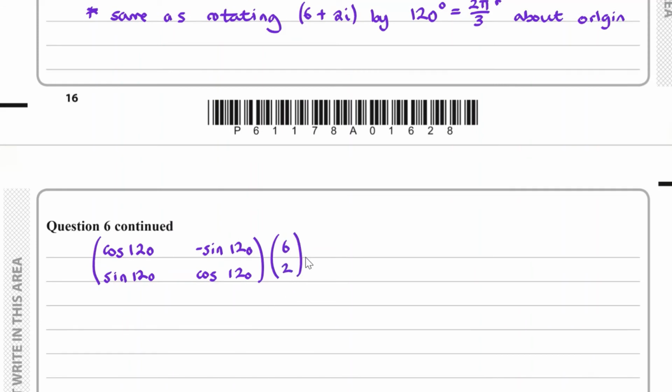And if we work this out, we have 6 times the cosine of 120 minus 2 times the sine of 120, and then we have 6 times the sine of 120 plus 2 times the cosine of 120.